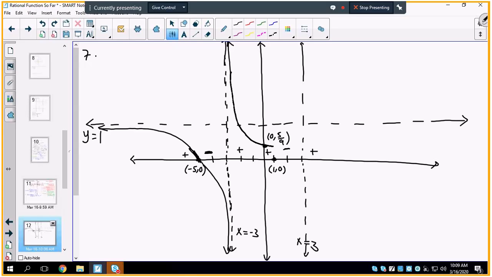Remember, this is the y-intercept, so I cross the y-axis. I'm still positive, but then at the point (1, 0), I'm going to cross. And as I get closer to the asymptote, x equal to 3, I go to negative infinity. Why? Because the sign is negative there. What else? On the right-hand side of this asymptote, I'm positive.